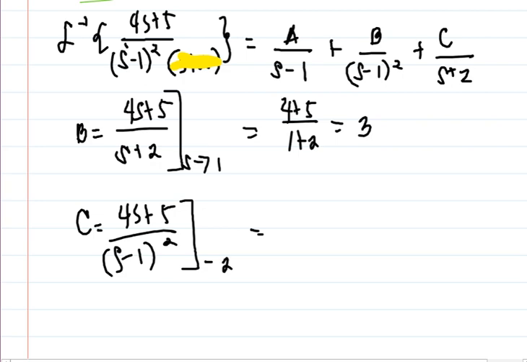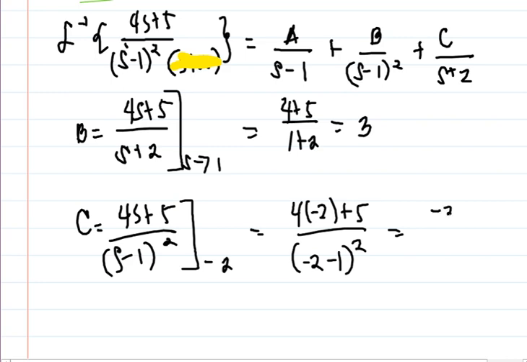So this is equal to 4 times negative 2 plus 5 all over (negative 2 minus 1) squared. So this is negative 8 plus 5, which is negative 3 all over 9. So this is equal to negative 1/3.